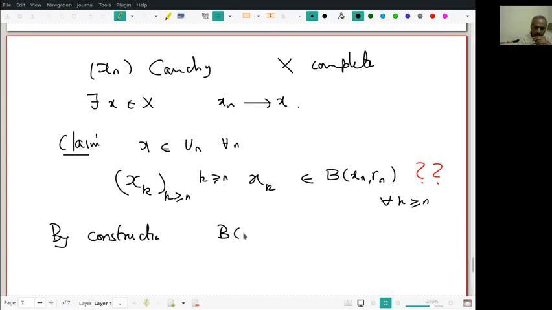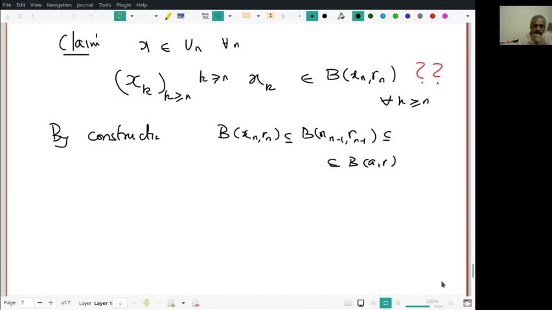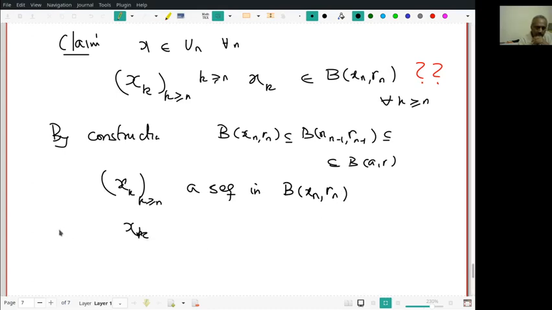So by our construction, B(xn, Rn) is contained in B(xn-1, Rn-1), etc. That is contained in B(x, R). You follow that? Therefore, this sequence xk for k greater than or equal to n, I can think of it as a sequence in B(xn, Rn), and this sequence converges to x.